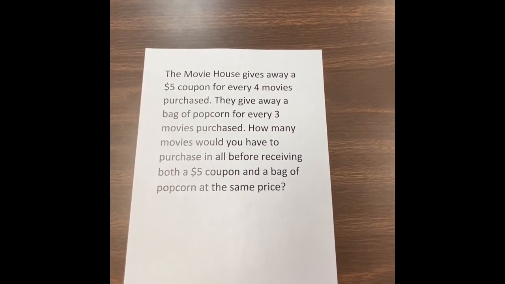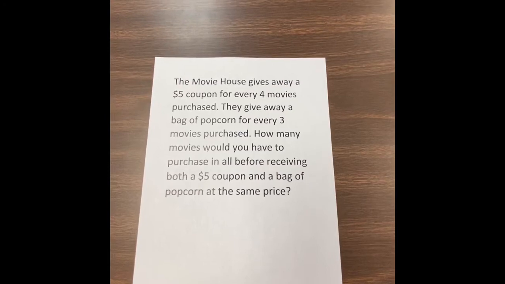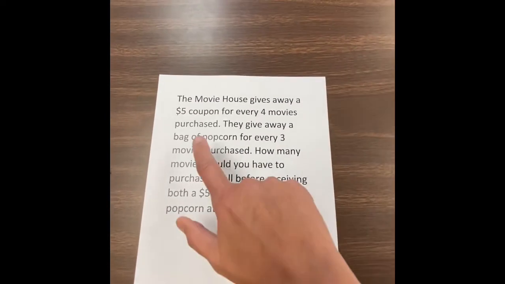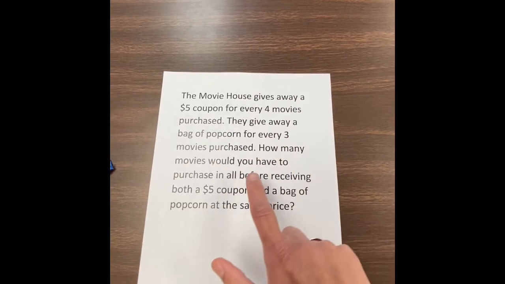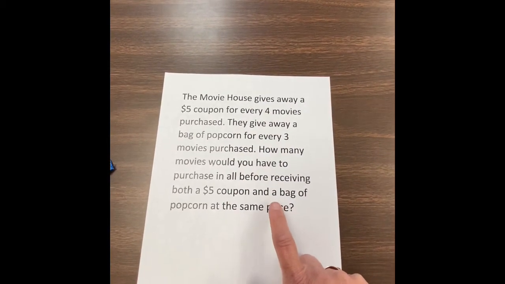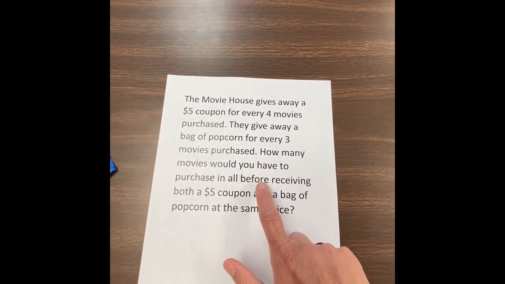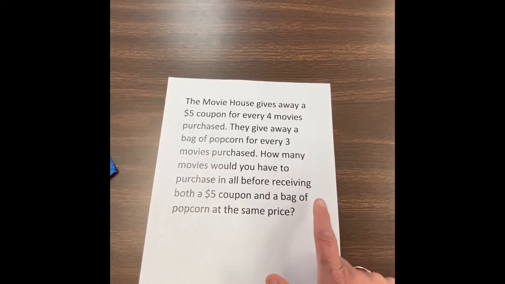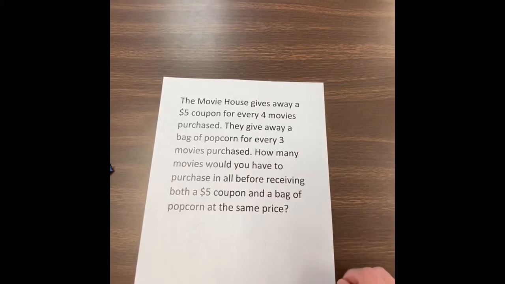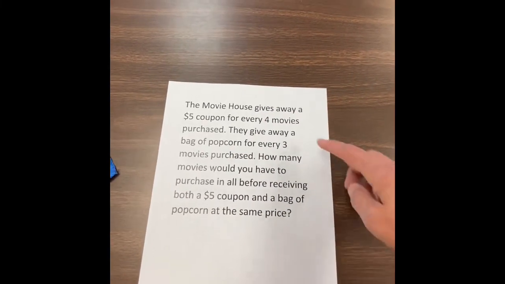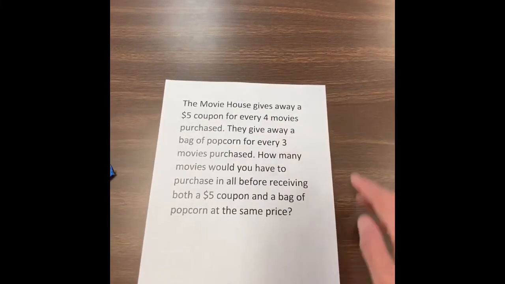Well, let's look at it. First of all, what's the giveaway? Well, you receive a $5 coupon when you purchase 4 movies. You receive a bag of popcorn when you purchase 3 movies. So it wants to know how many movies you are going to have to purchase so that you get both of them at the same time. So our numbers are 4 and 3.